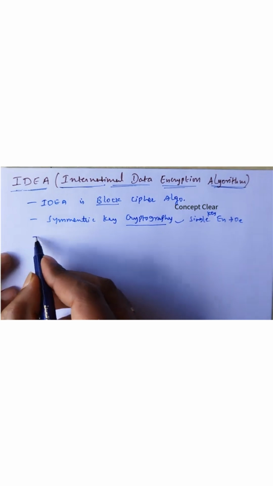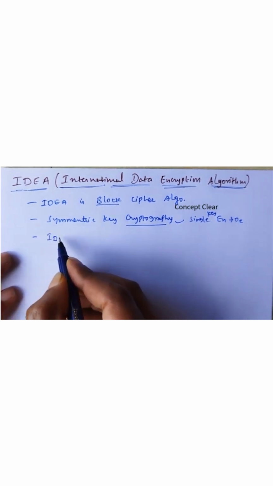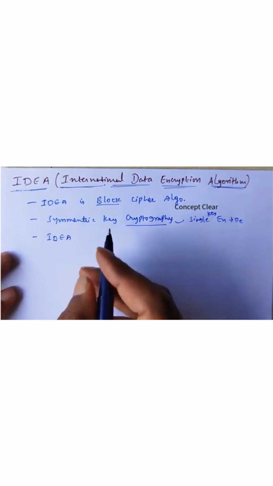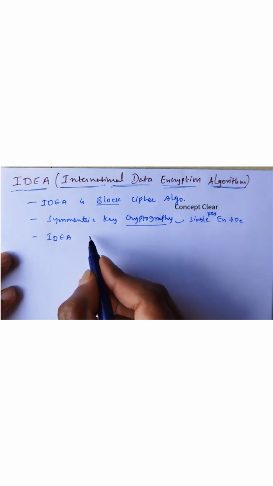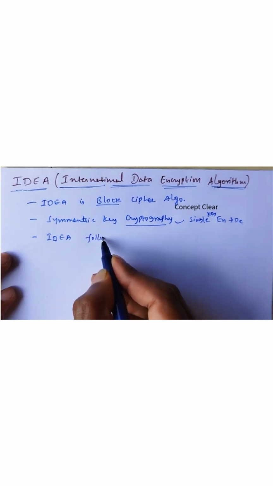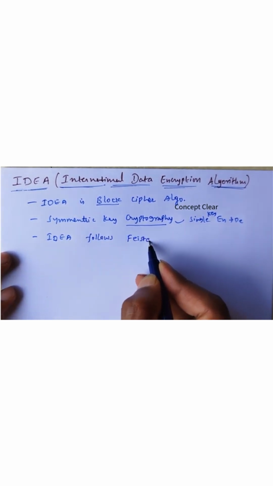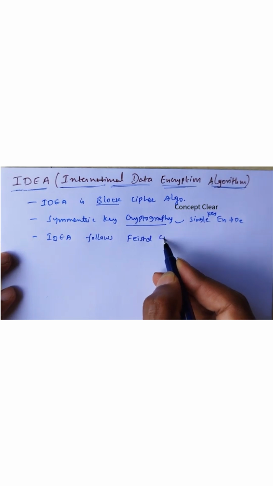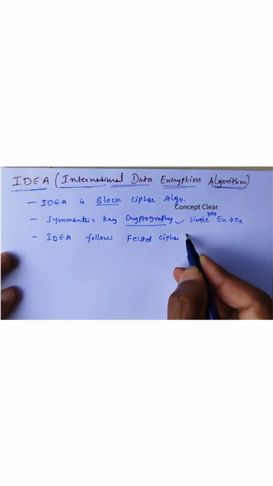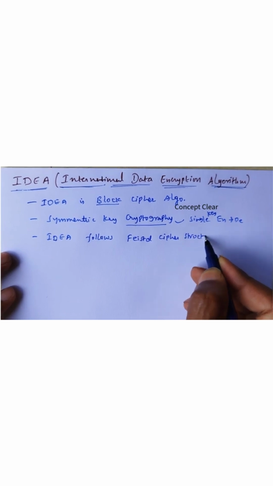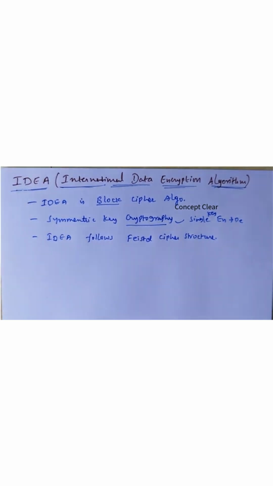And the IDEA algorithm follows the Feistel cipher structure. What is the meaning of Feistel cipher structure?